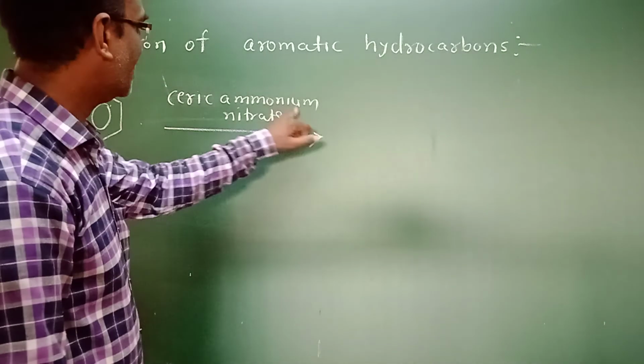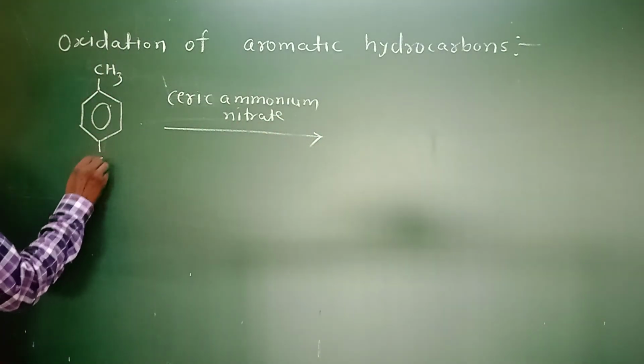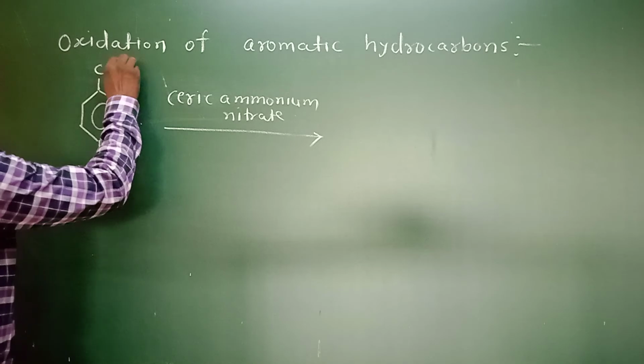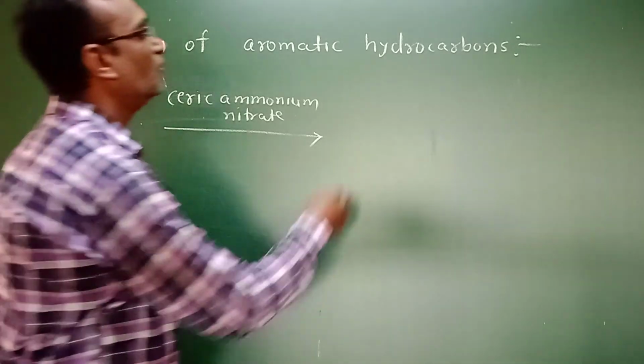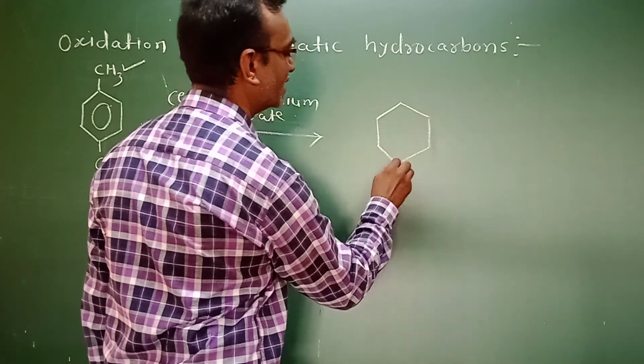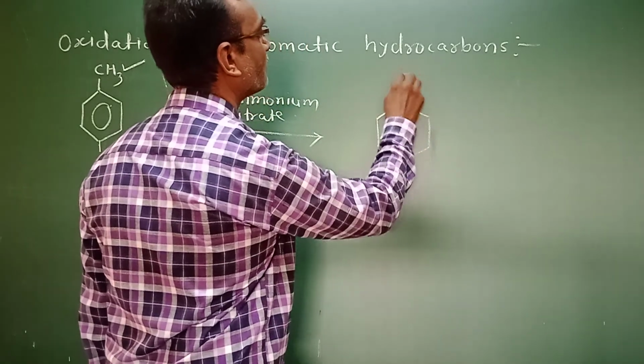In presence of ferric ammonium nitrate, if here we are using 2 methyl groups at 1,4 position, only one methyl group will get converted into the corresponding formyl group.